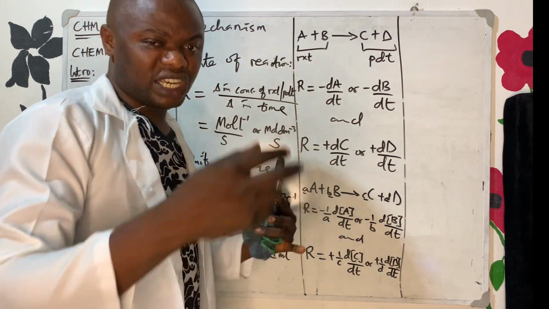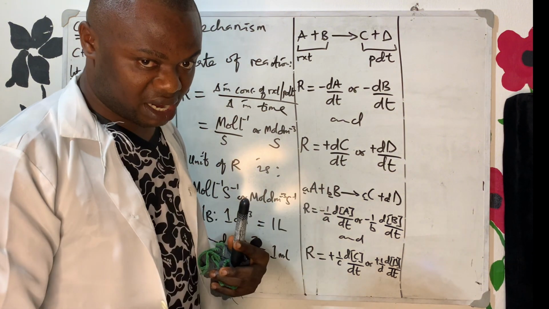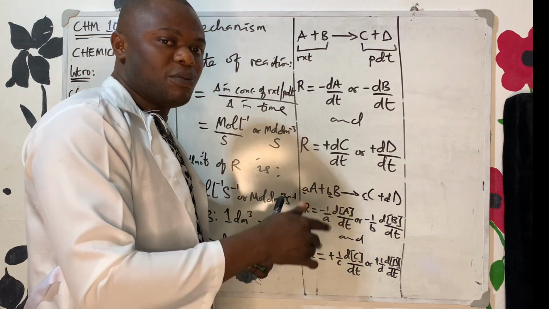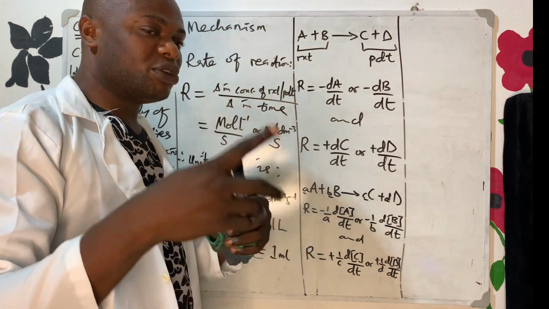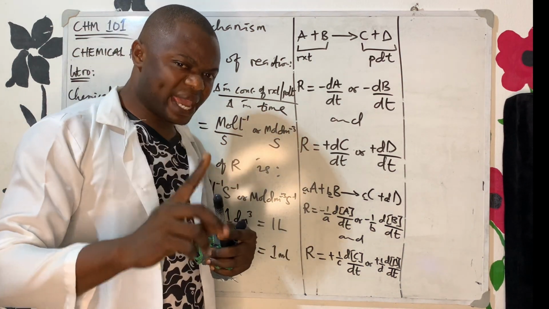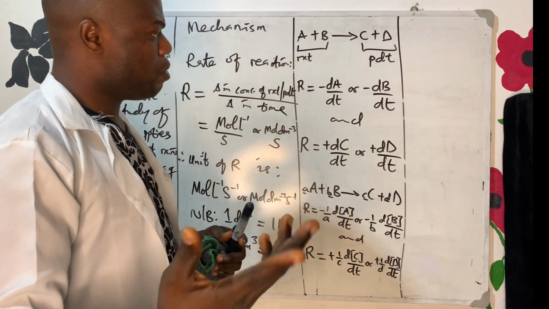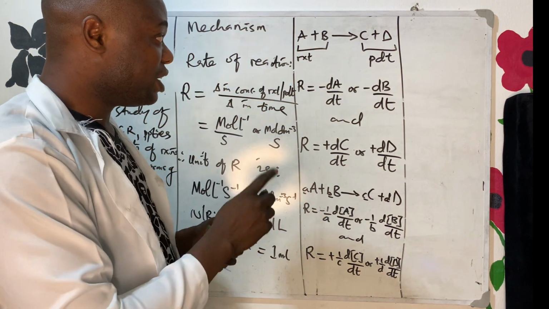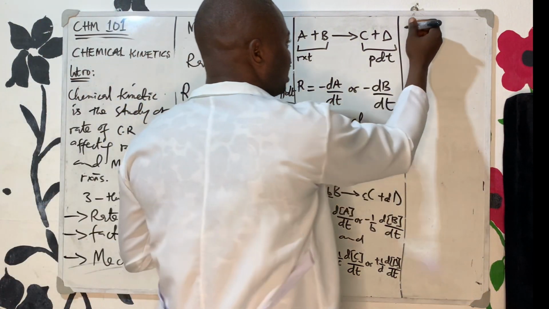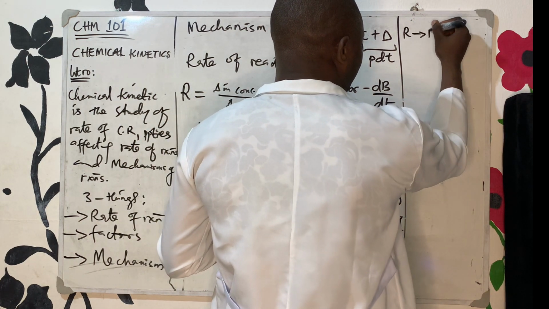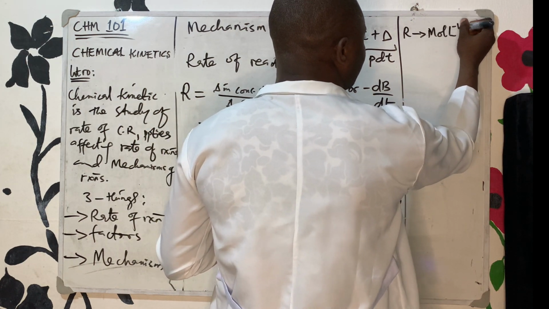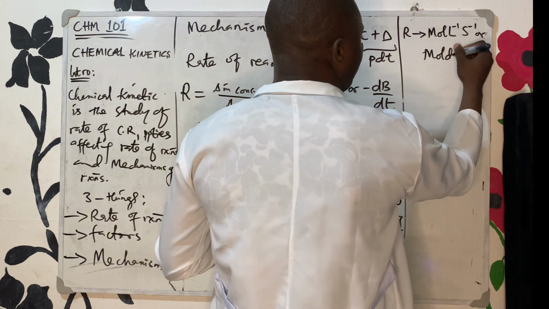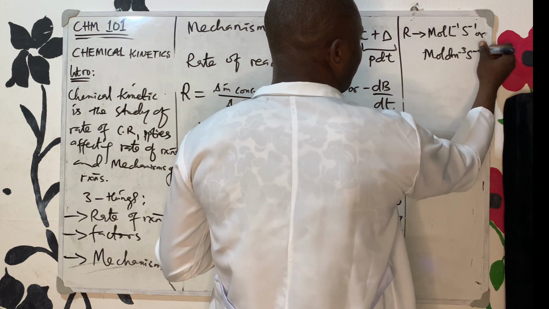Very important that you know the unit of rate of reaction. I told you it is simply change in concentration of reactant all over change in time, or change in concentration of product all over change in time. And you must know that concentration in chemistry is measured in mole per dm cube or mole per liter, then time is in seconds. So the unit of rate of reaction, don't forget, is mole per liter per second, or mole per dm cube per second.